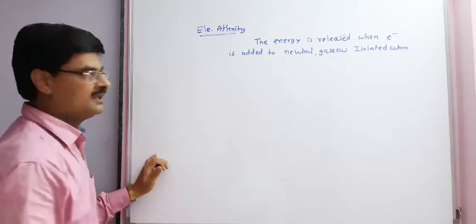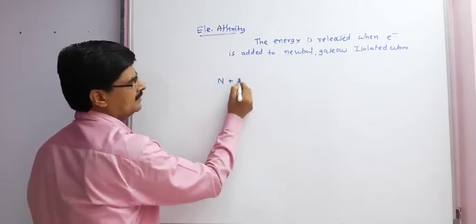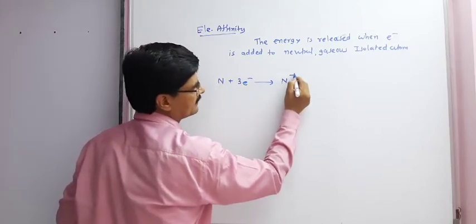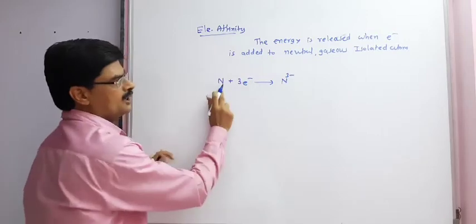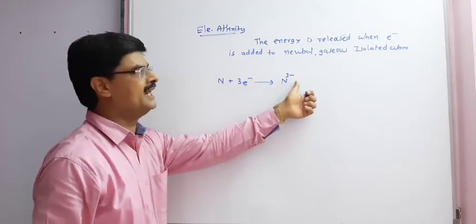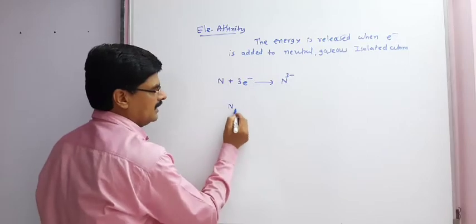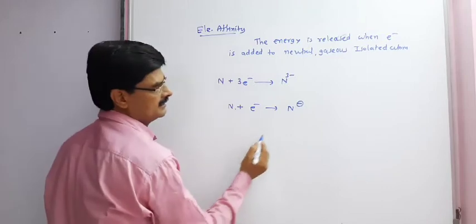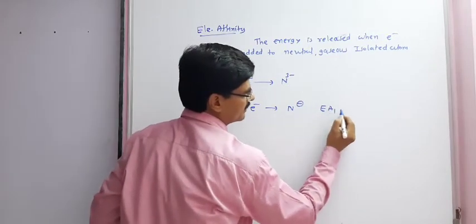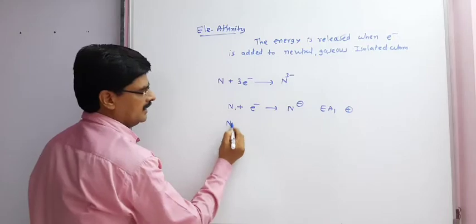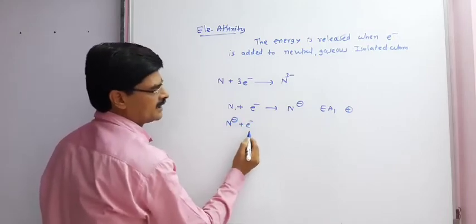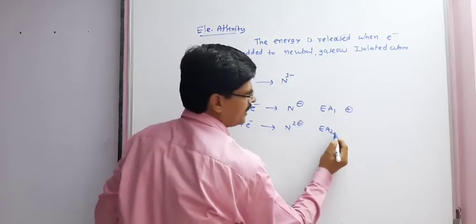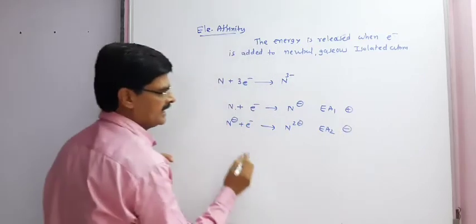Now consider one question in which nitrogen, by gaining 3 electrons, converts to N3 minus. Nitrogen plus electron will give N minus, electron affinity 1, positive. N minus plus electron will give N2 minus, electron affinity 2 is generally negative.